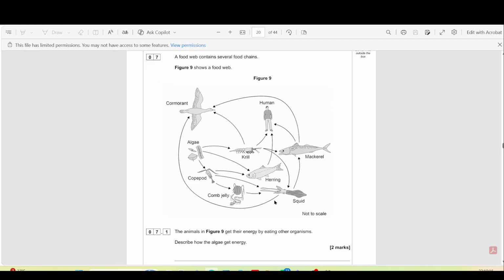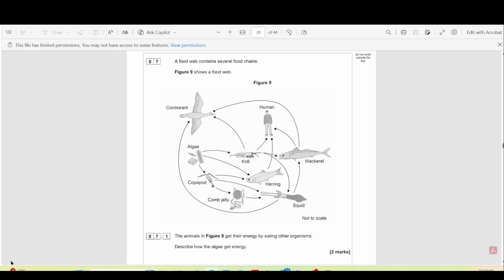Describe how algae get energy. The food web contains arrows. What do the arrows mean?